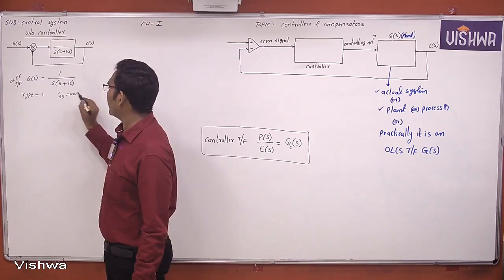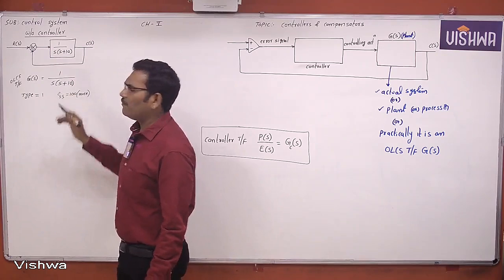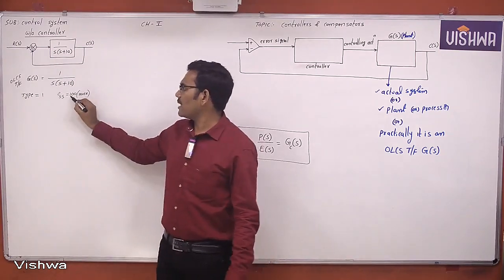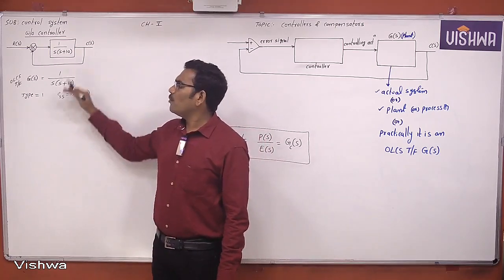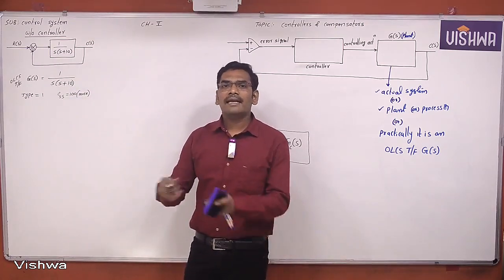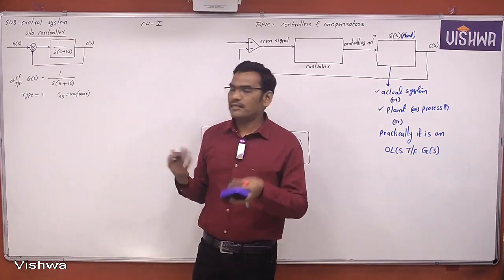Let us assume, for example, this is somewhat more. For comparison purposes, I just give this 100. Don't get confused about where the 100 is coming from. This is a somewhat larger value. Then after connecting the controller, we will see whether that error will decrease or increase.